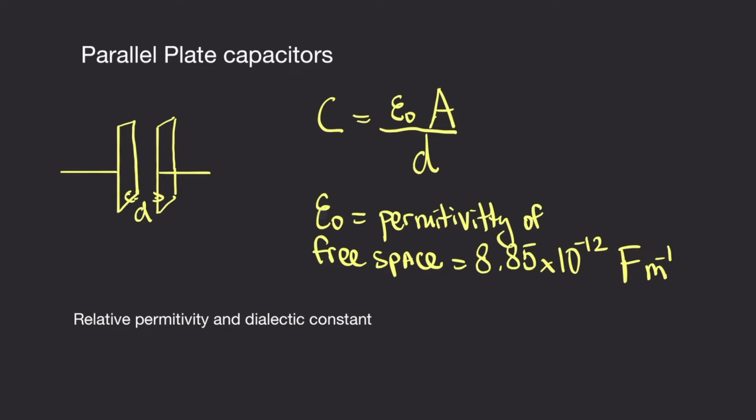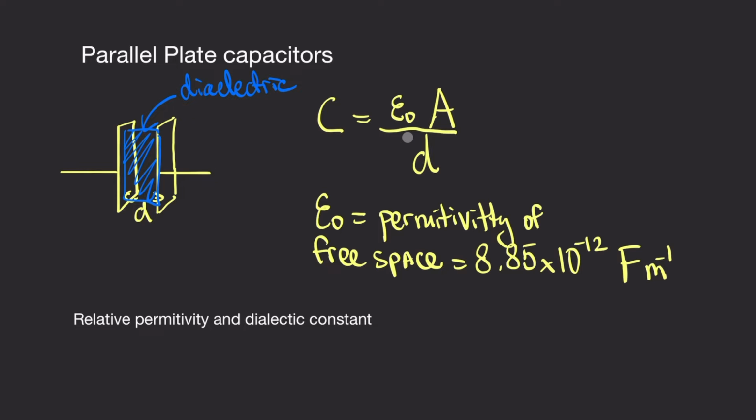However, if there is a dielectric, and a dielectric simply means an insulator that's placed between the plates of the capacitor. Let's try again. So this here is a dielectric.